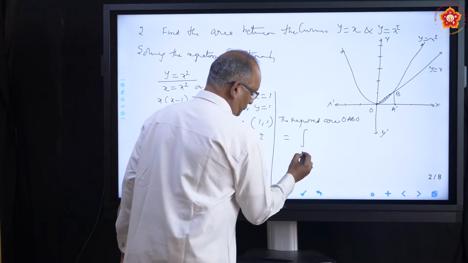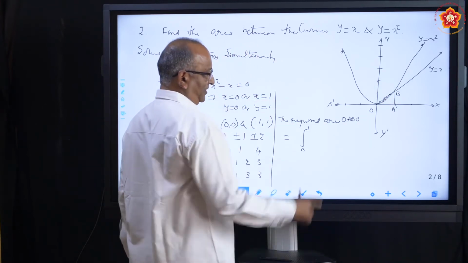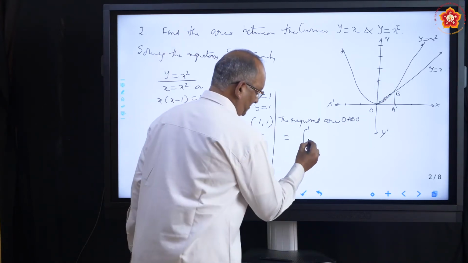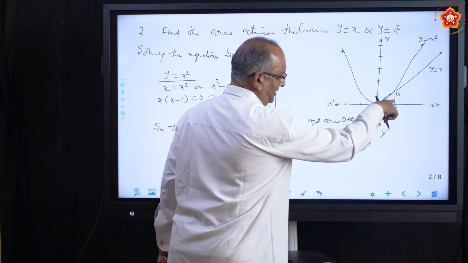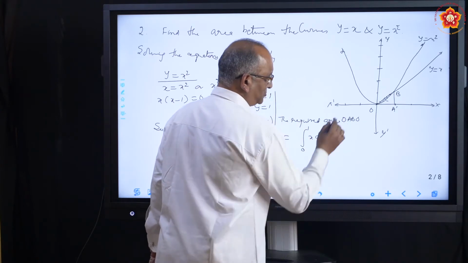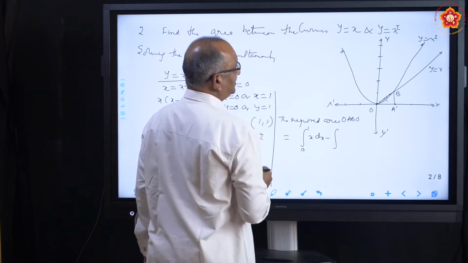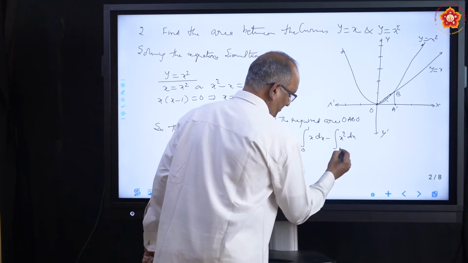So it is 0 to 1. What is up? It is the straight line. And what is its equation? Y equal to x. So it is x dx, minus. From that we will subtract this area which is empty. So how do you get it? Take the equation of the curve, x square dx, and integrate between 0 and 1.